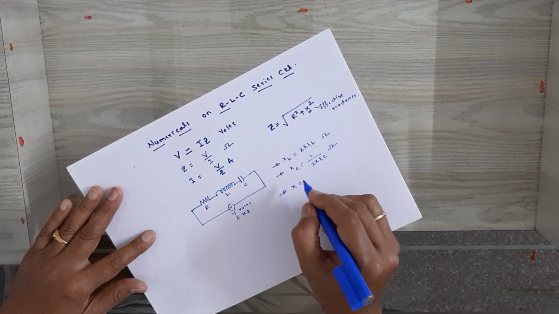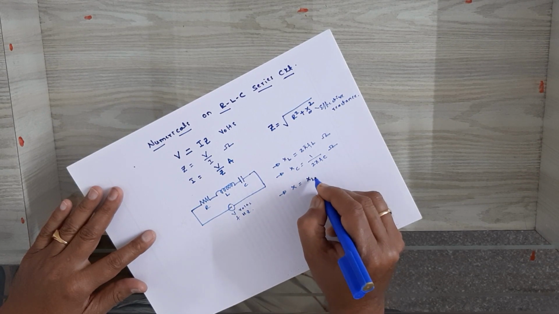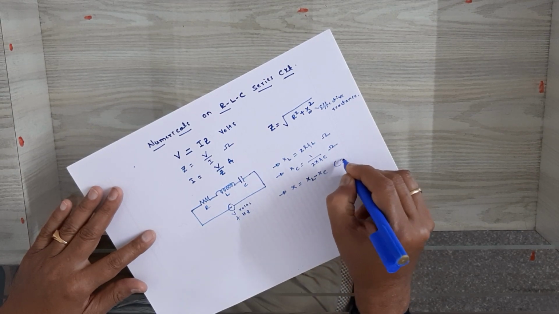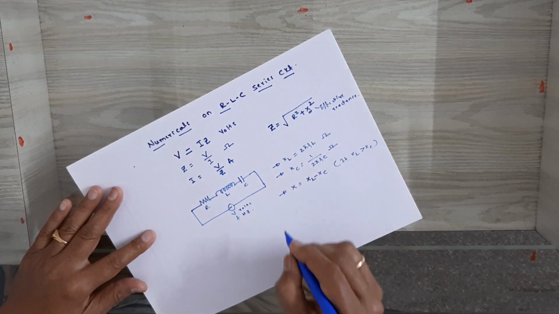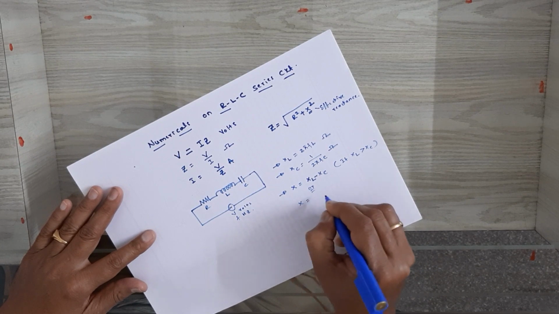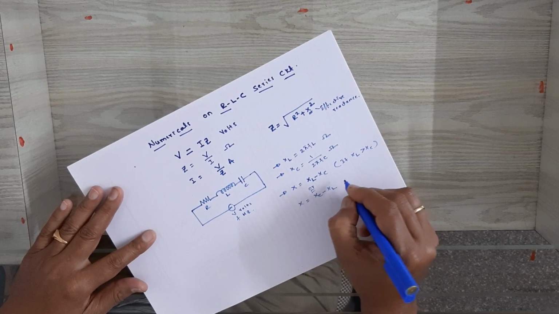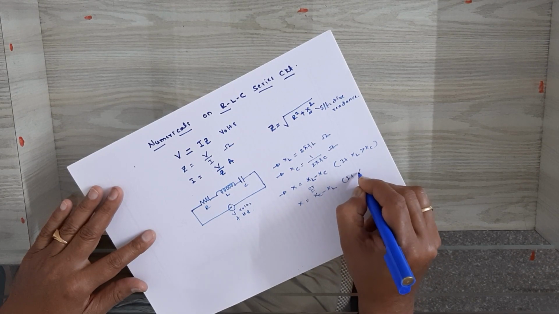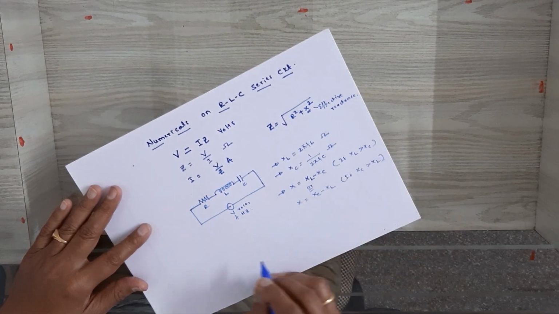If XL is greater than XC, then X is equal to XL minus XC, or X is equal to XC minus XL in case XC is greater than XL.